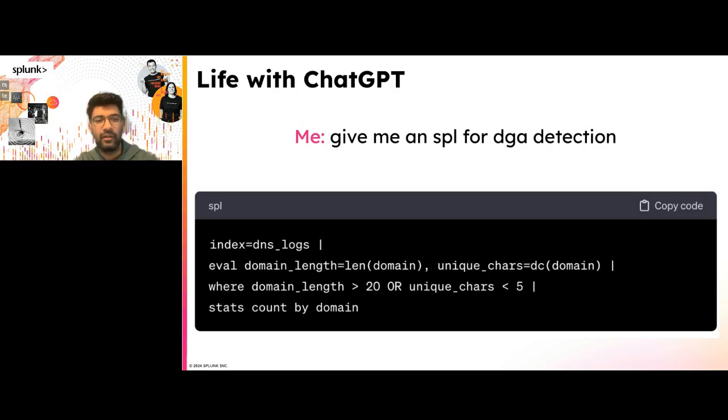It is looking at the length of the domain, it's counting the number of unique characters, and based on that, it is telling us whether a domain is a DGA or not. But I have worked in the area of detecting DGAs, and I know that this particular detection is at least 20 years old, and it won't work in the current landscape. So what do I do next?